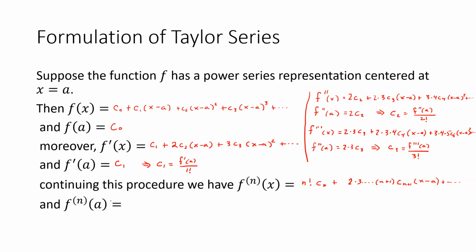And so we see that the nth derivative of f at a would equal n factorial times c_n. And therefore the nth derivative at a divided by n factorial gives me the coefficient on the x to the n term.